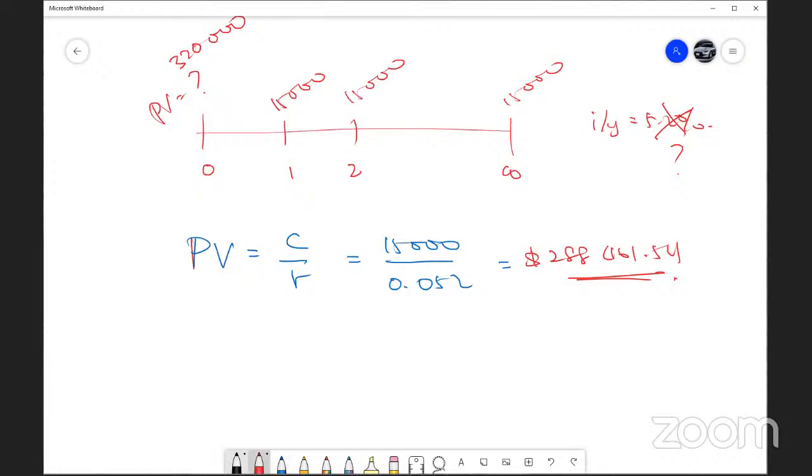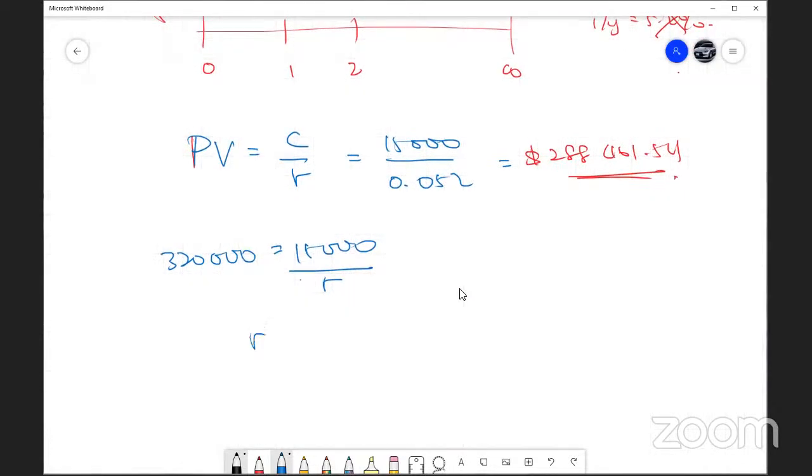So PV is equal to $320,000, C is still $15,000, R is missing. So R is basically equals to 15,000 divided by 320,000.